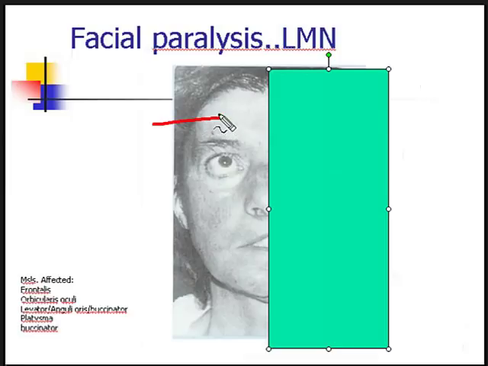The eyebrow remains at the same level. Notice how there's a pouch formed here, and then tears would flow out. They cannot bare their teeth. This angle is drooping. So you can see that there is a lower motor neuron paralysis on this side. So the entire nucleus or the nerve on this side would have been damaged. So that is what is seen in facial paralysis.